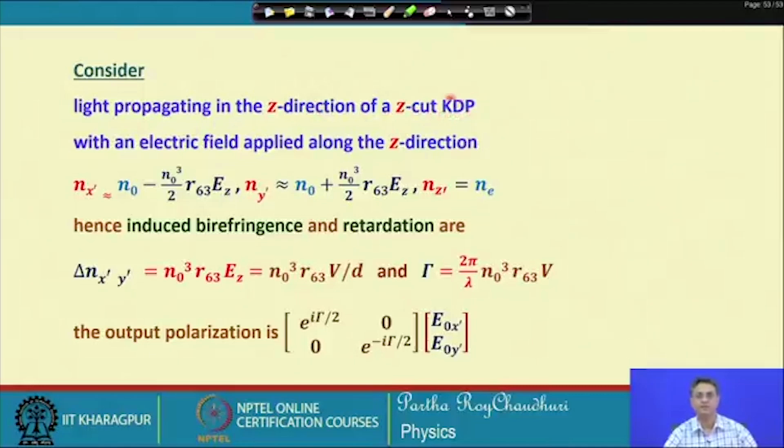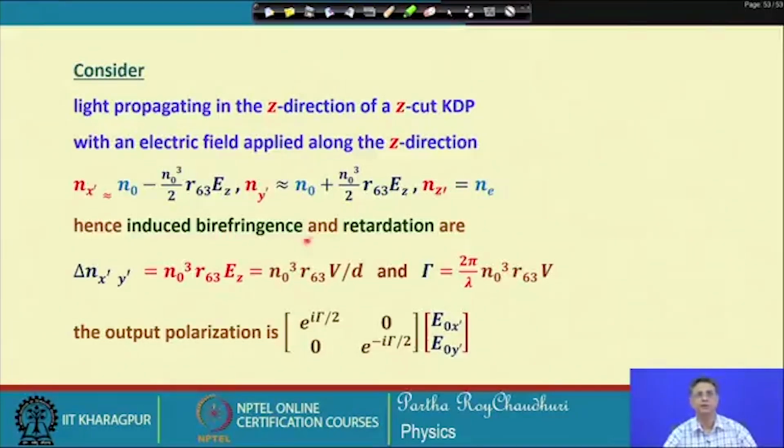We will discuss this just to give us some idea. With an electric field applied along the z direction, n x prime is equal to this, and n y prime is equal to n 0 plus this quantity. N z does not change, it remains the extraordinary refractive index.